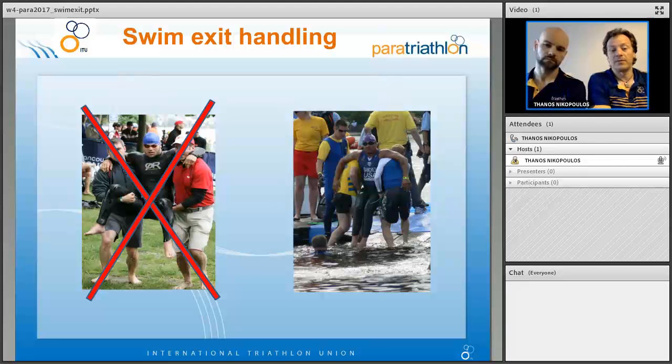Sometimes your pair of swim exit assistants may be two shorter men or two shorter girls, and then the legs may hang in a way that the athlete could be harmed. So a third handler just lifting the feet is not something that is bad at all. We should encourage it and make sure that it also happens if we have a particularly tall athlete.